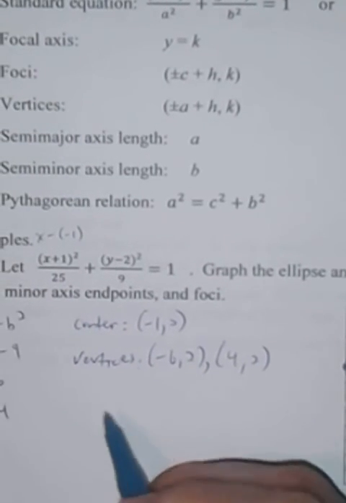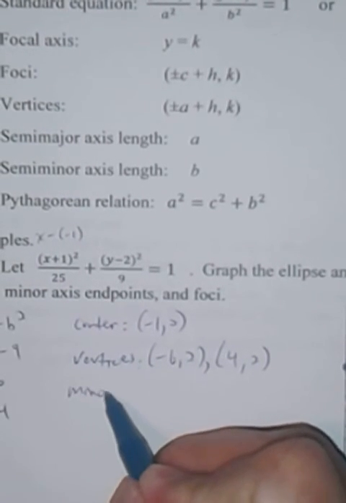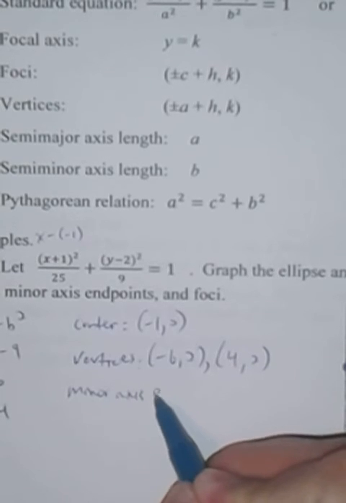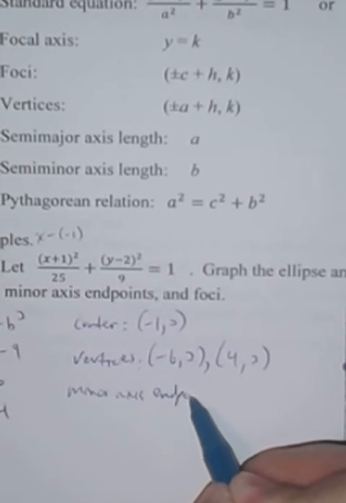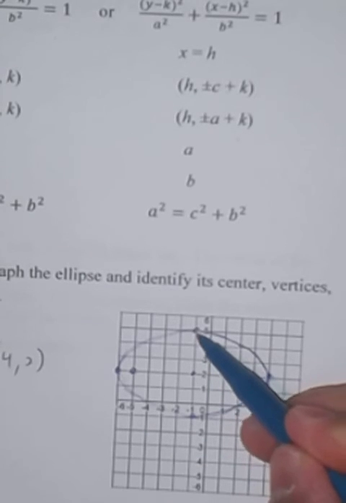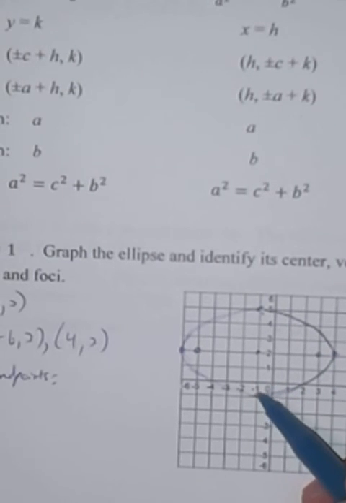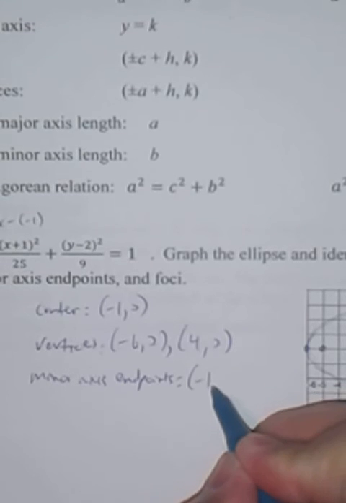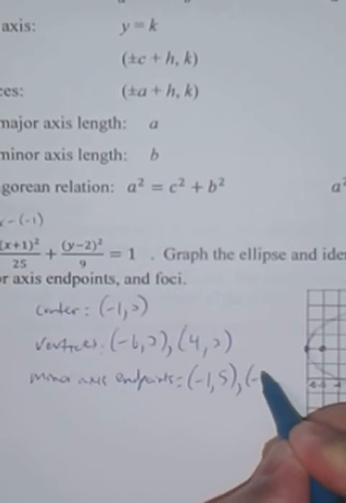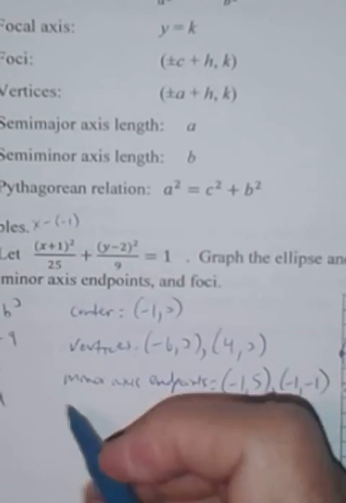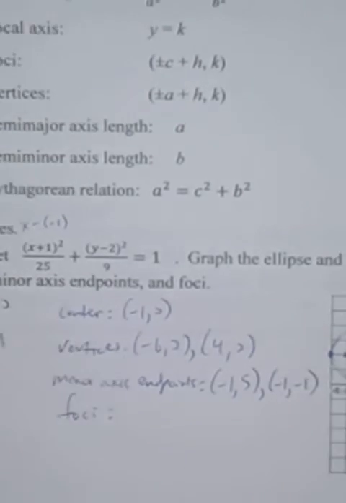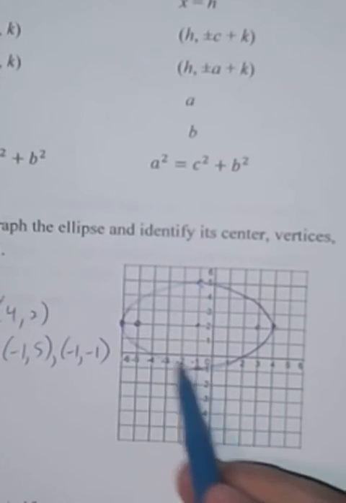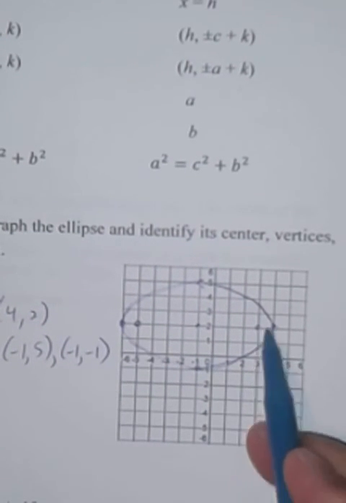Okay. Minor axis endpoints are these: negative 1, 5, negative 1, negative 1. And finally, foci, negative 5, 2, and 3, 2.